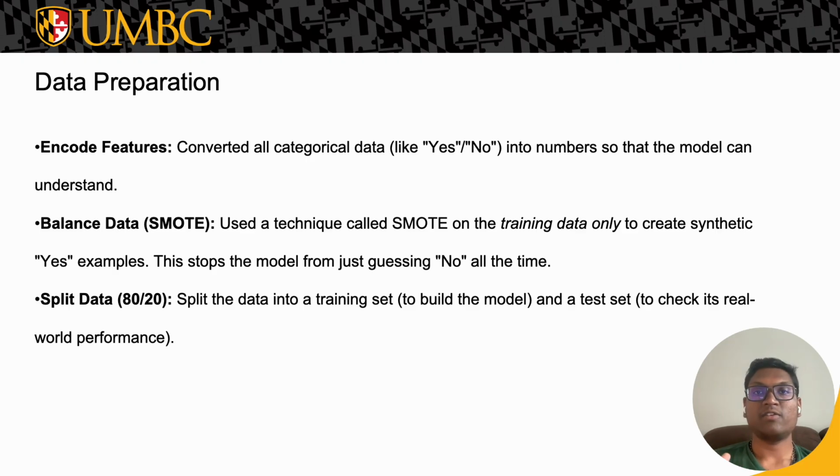This creates synthetic yes examples to balance the dataset, which stops the model from just guessing no all the time. Finally, I split the data into 80% training set to build the model and a 20% test set to check its real-world performance.